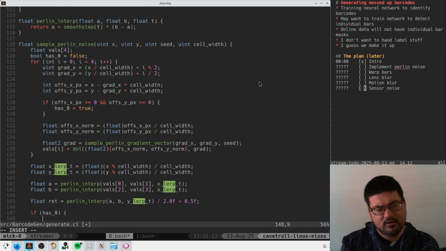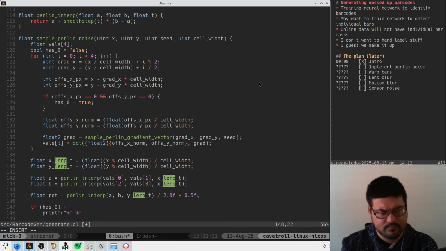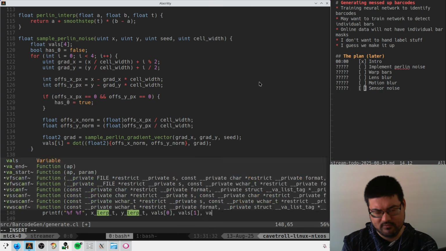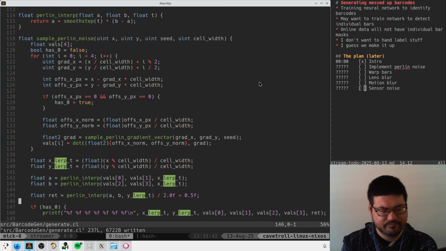If has 0, can we printf, let's look at x lerp t, y lerp t, and ret. Maybe vals 0, vals 1, vals 2, vals 3 and ret. So 1, 2, 3, 4, 5.